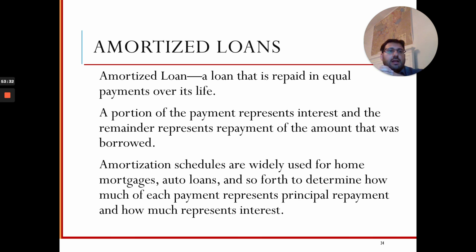For example, I have taken a loan for my house, and after every 1 month I have to make a certain payment, right? Over the life of the loan, I keep making these payments, and by paying the equal payments, once the life of the loan is over, I'll end up paying the whole loan amount, right? So this is basically the amortized loan.